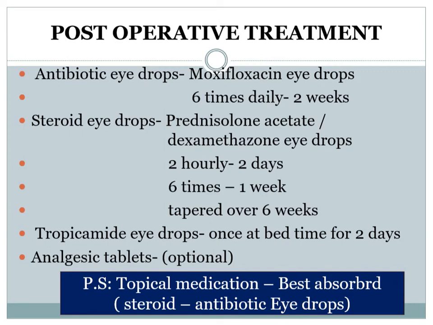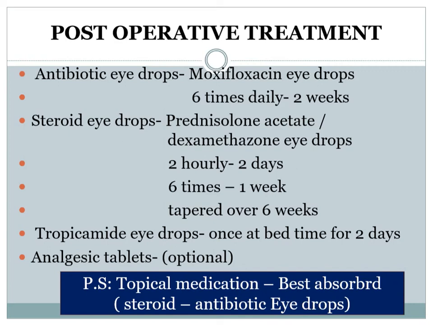You reduce to 4 times daily for 1 week, and then make it 3 times daily for the next week. Then make it 2 times daily for the next week. Like that, you taper over a period of 6 weeks. Okay, that means 1.5 month treatment for cataract post-operative cases.